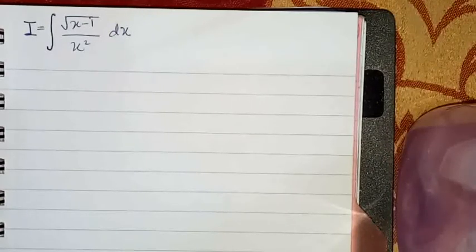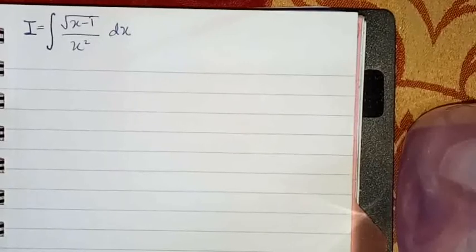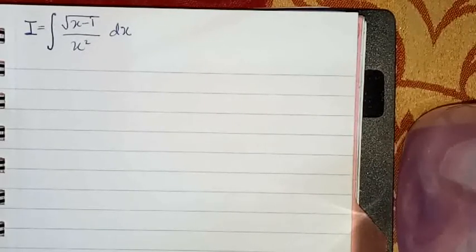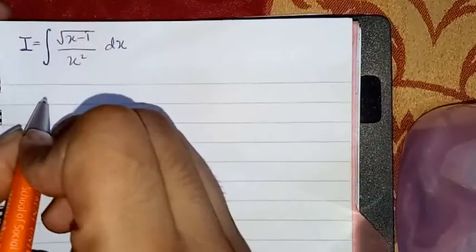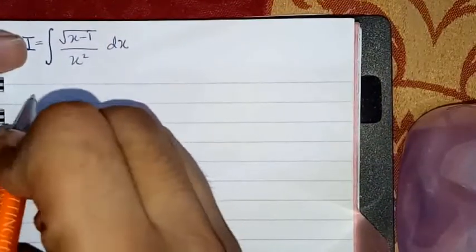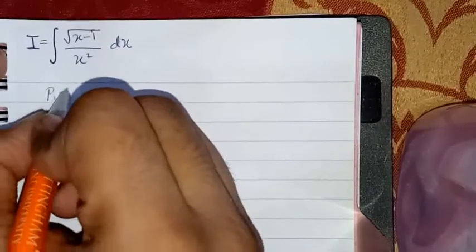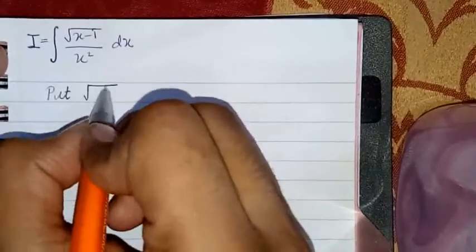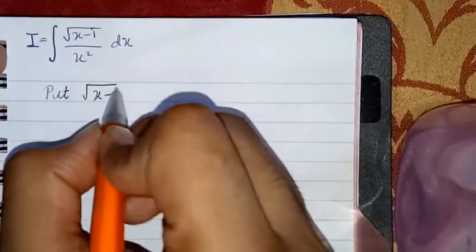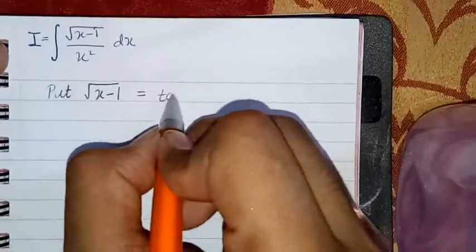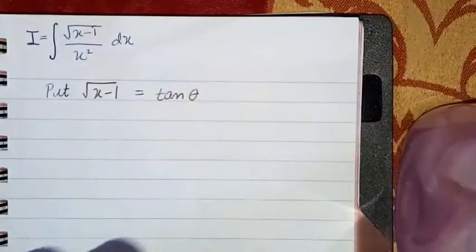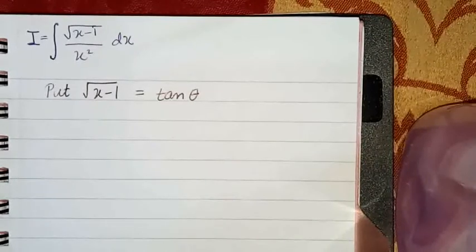So let us start with this question of integration. So how are we going to calculate this integral? Let's see. So here we are going to use a substitution, that is put under root x minus 1 equals tan theta. Now this gives us many things.